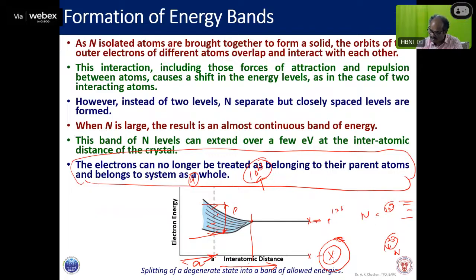So this electron, which initially belonged to this particular X atom, now that I have crystallized it at this interatomic distance, doesn't belong to this particular X, but belongs to the entire system as a whole, or the entire crystal, if we imagine it as a crystal. If you have understood this, you have understood the formation of the energy band.